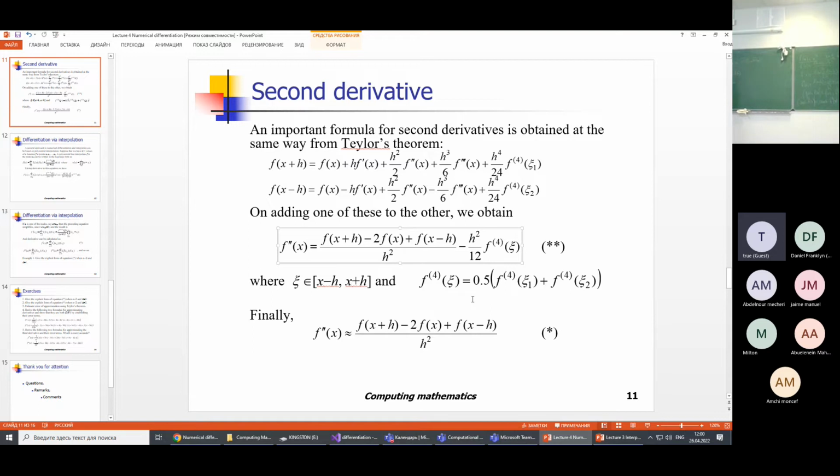What will be the capital F, the antiderivative of x? Such a function that the derivative of this function equals x.